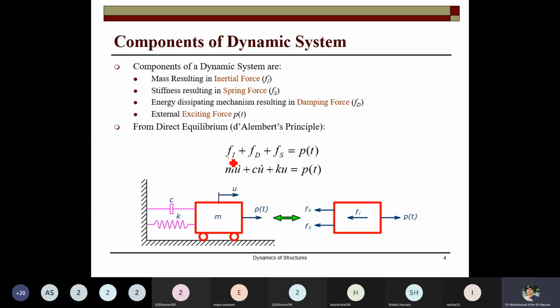So when there is a changing acceleration, because the force is changing with respect to time, the displacement is also changing. Displacement can be represented as u, the rate of change of displacement is the velocity u dot, and the rate of change of velocity is the acceleration.